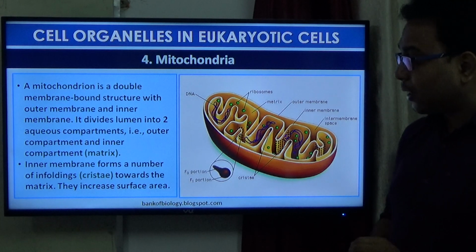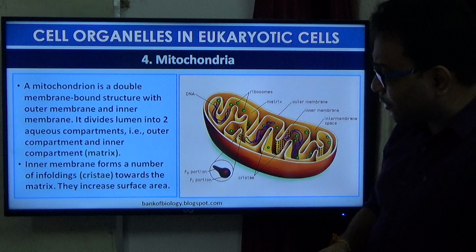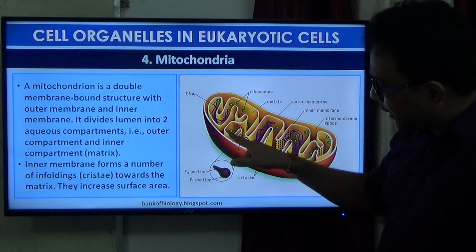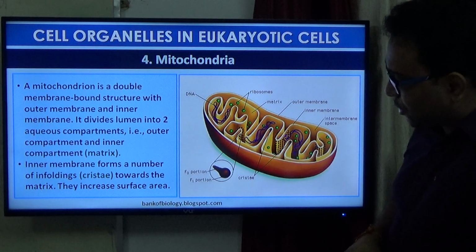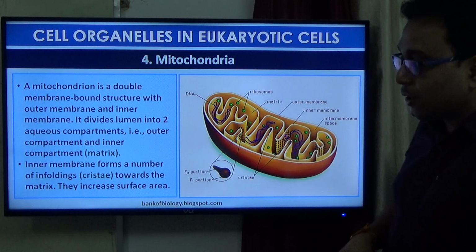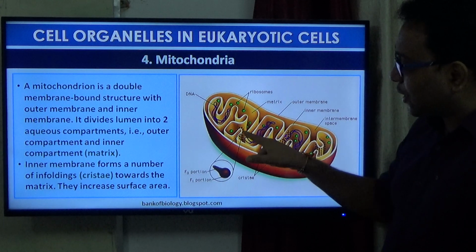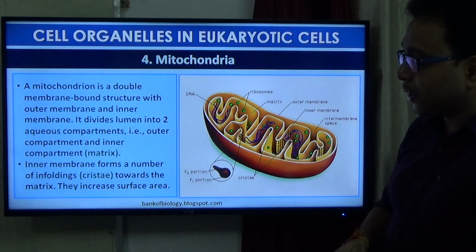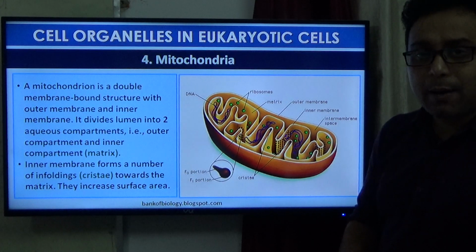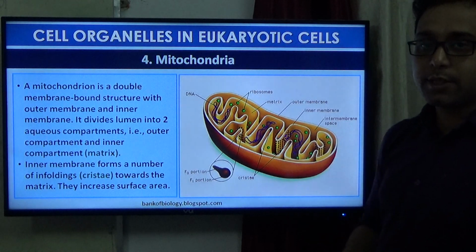The inner membrane invaginates towards the matrix. These folds are called cristae. The matrix and the inner membrane cristae take part in cellular respiration.